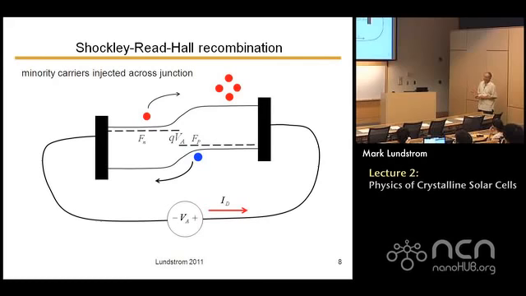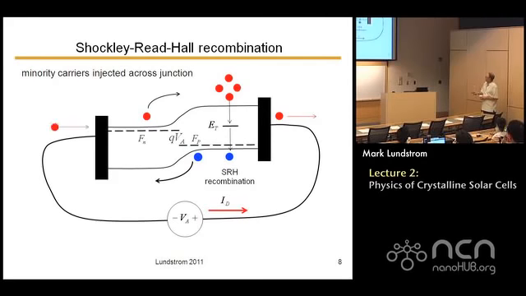And we can look at it on an energy band diagram, and we can see these excess electrons on the p side. They could recombine through defects. That's what we call Shockley-Read-Hall recombination, after the people who first worked this out. There's a classic paper that anyone who works on semiconductor devices still reads because it's still relevant.